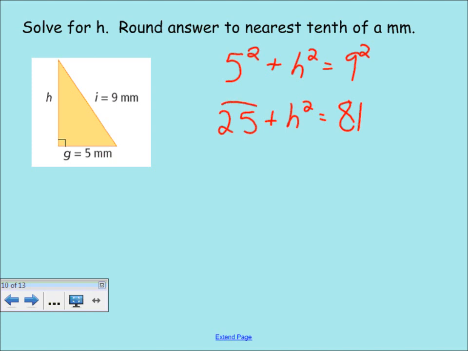To get rid of 25, we have to subtract 25. So we'll do that to this side as well. These will cross out, leaving us with just h squared on this side equals 81 minus 25.